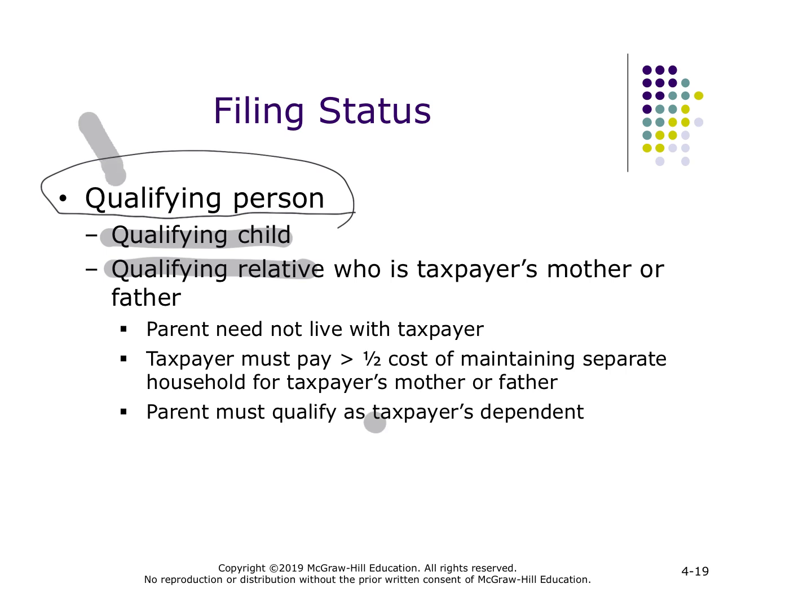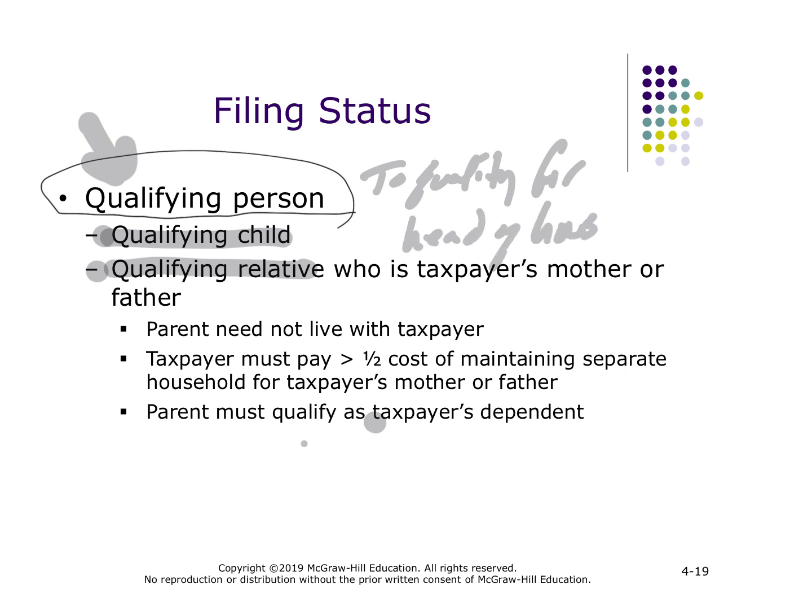So if you have a qualifying person, then you can file head of household, okay? And so that can be either a qualifying child or a qualifying relative. And so to qualify for head of household, all right?